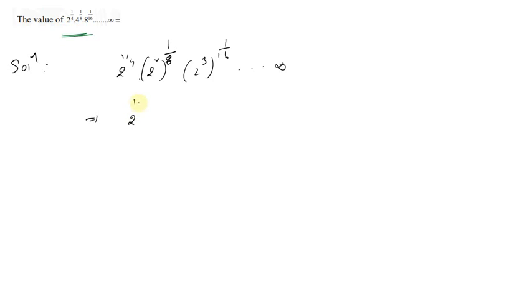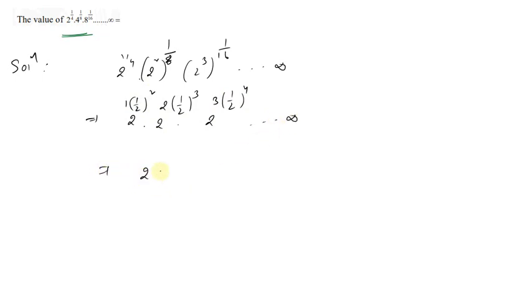You can write this as 2 power 1 by 4 and 2 power 2 into 1 by 2 whole cube. Let me write this 1 by 4 also 1 by 2 whole square. This quotient is 1, and this is 2 power 3 into 1 by 2 whole power 4 and so on up to infinite.